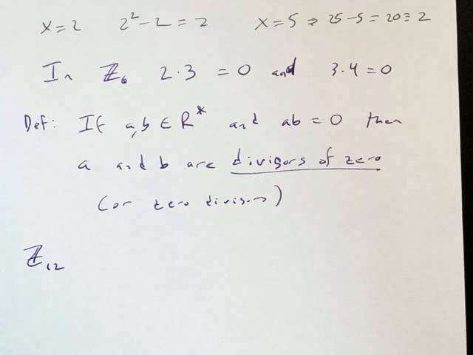I'll go back to the clock. What are some divisors of 0 in Z12?